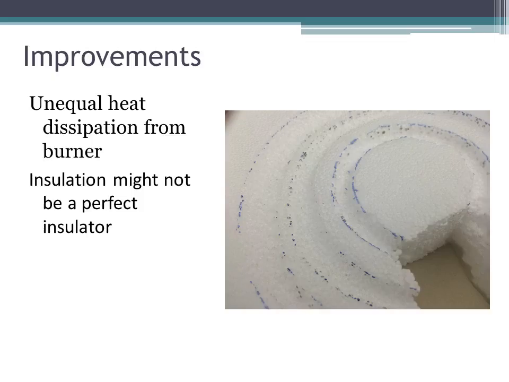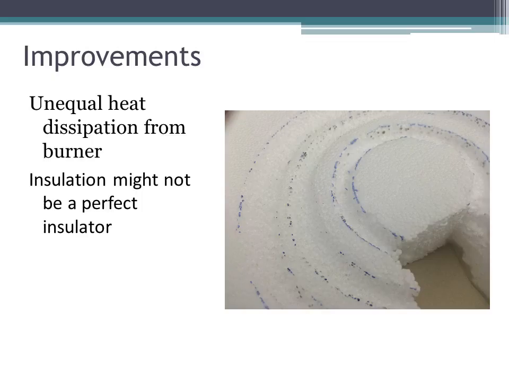It made it contract and shrink in certain areas more than in other areas. So we're led to believe that the heat dissipation might not be entirely uniform, which would throw off some of our calculations and make them a little less correct. If you could make sure that wasn't an issue, then I believe our numbers would be even better.